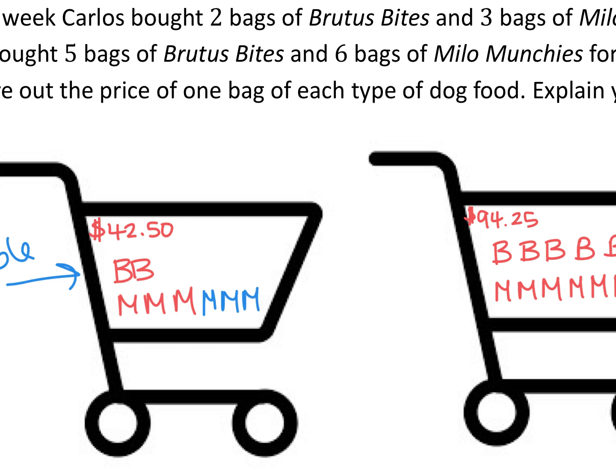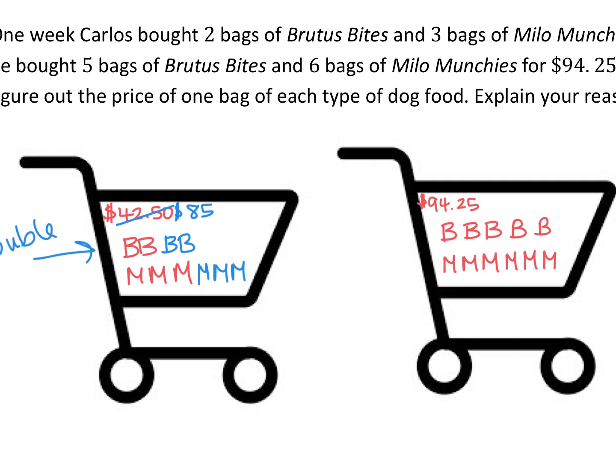The Brutus Bites will end up with 4 of them, and the cost of a doubled cart is not $42.50. It's gonna be $85. We're just doubling everything in that cart, right? Just putting twice the amount in the cart so we can compare it to the second week.